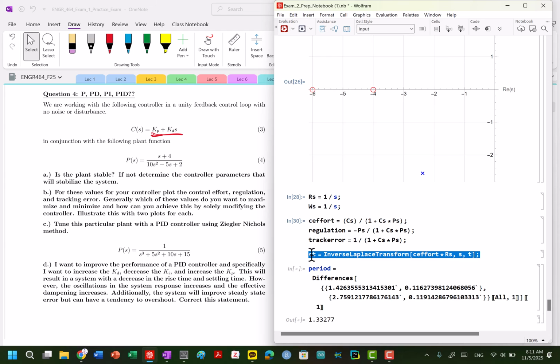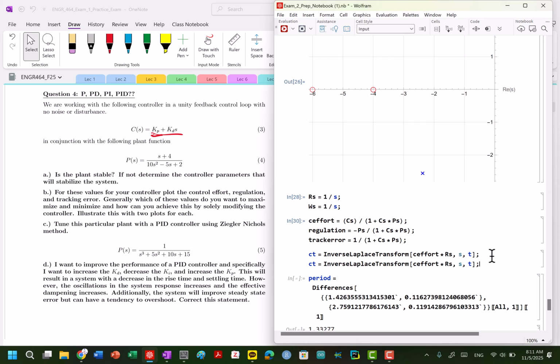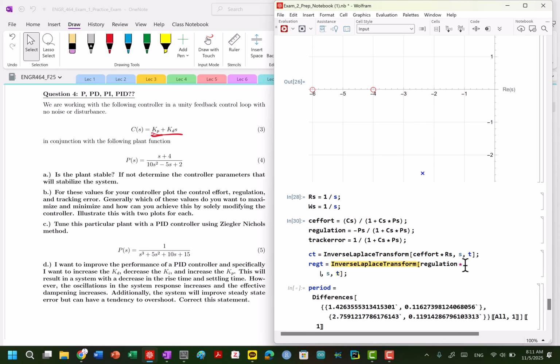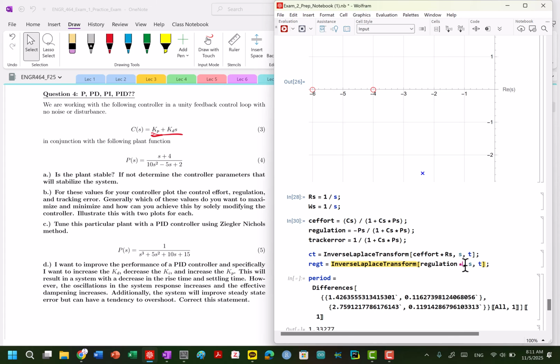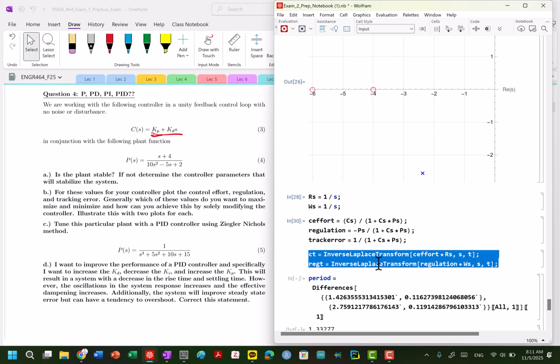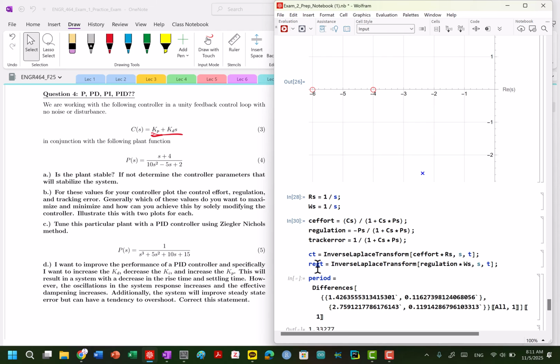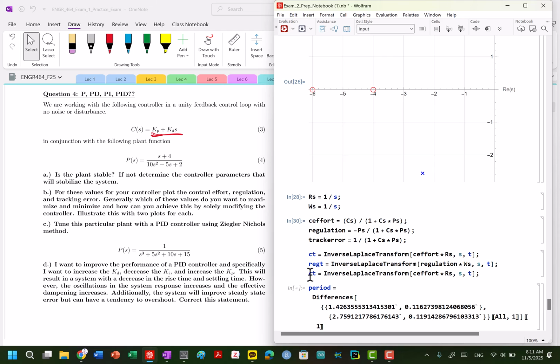We'll also have, we'll call it reg T. And that will be my regulation times my disturbance, which is WS. And then finally, the tracking error. So just put that right here. My ET, error tracking, so we'll call it tracking error, track error, times my RS again. So we can plot all of those.